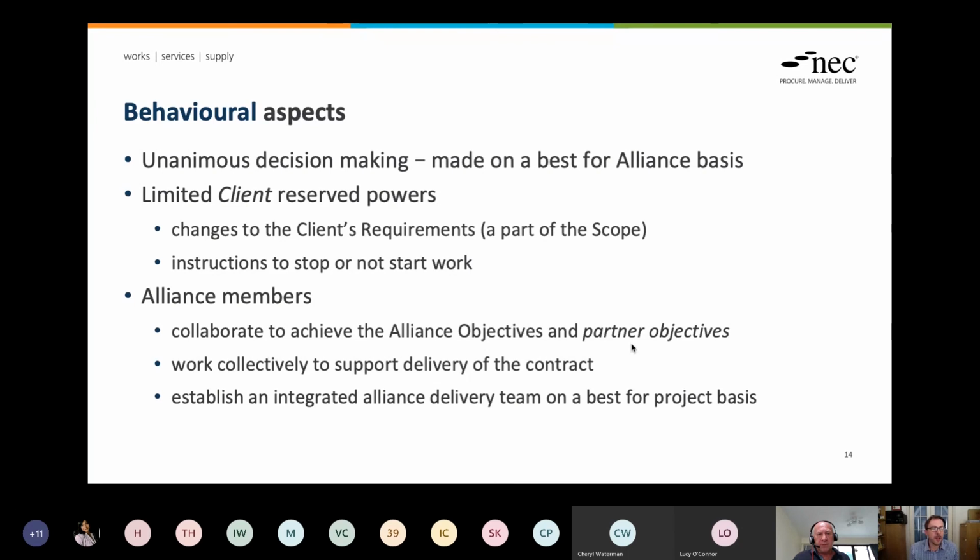So behaviour aspects. I think we've talked around some of this already to some extent. Obviously this is a really important aspect of this particular contract. And of course we've said that for the alliance to be effective, and particularly the alliance board to be effective, they need to work together in order to make unanimous decisions.